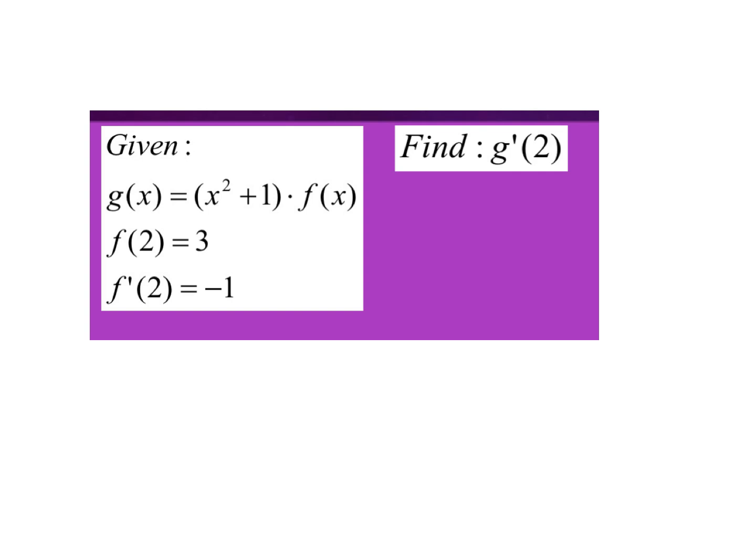So we're given g of x equals x squared plus 1 times f of x, and f of 2 is 3, and f prime of 2 is negative 1, or the derivative of f at 2 is negative 1. We want to find the derivative of g, and then plug 2 in. So how would we find the derivative of g? What would we need to do?